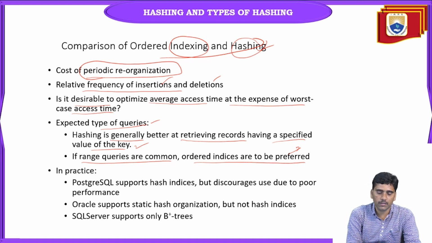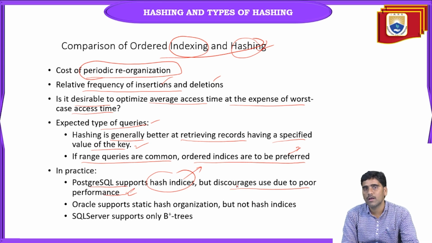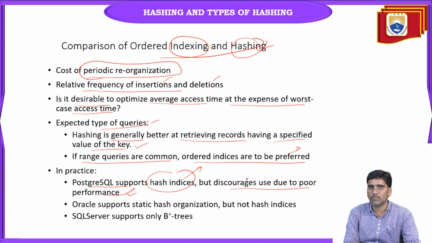In practice, PostgreSQL supports both hash indices, but discourages their use due to poor performance. So the hash mechanism gives poor performance compared with the indexing mechanism.